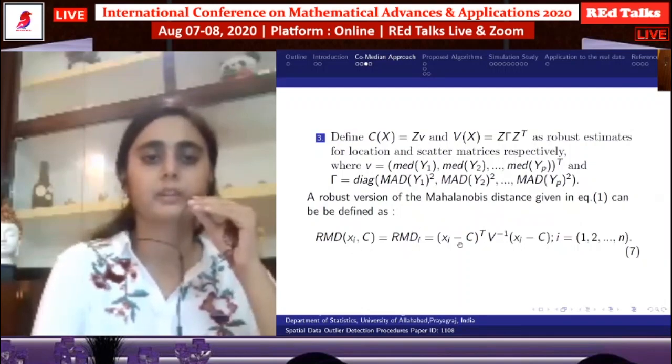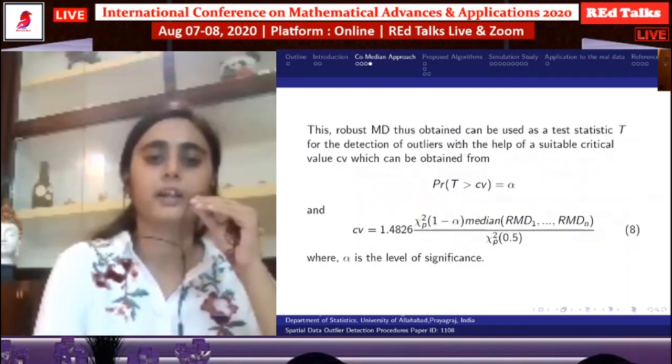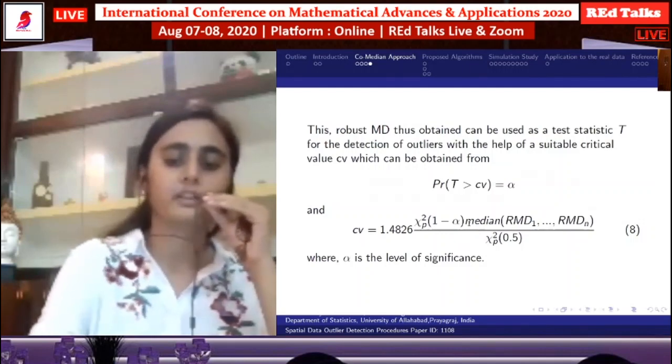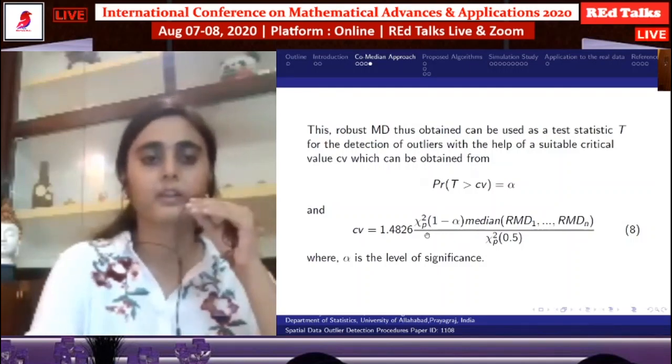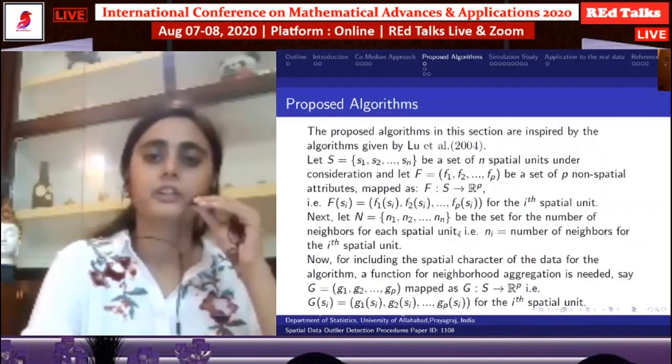Now, this robust MD can be used as a test statistic T for the detection of outliers by this equation: the probability of T greater than CV equals alpha, where CV is this critical value and alpha is the level of significance. Here, chi-square p, 1 minus alpha is the (1 minus alpha)-th quantile of the chi-square distribution with p degrees of freedom.